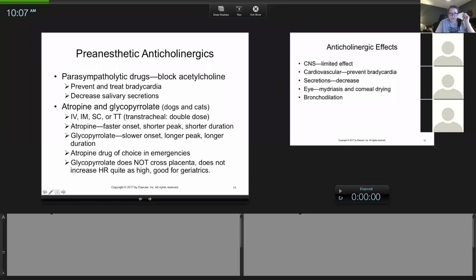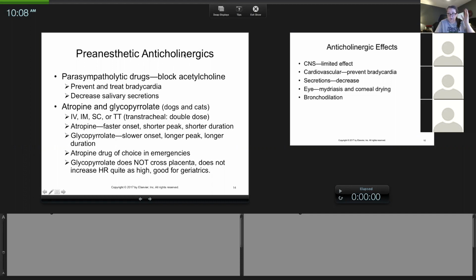Anticholinergics go against the parasympathetic system, and anesthesia puts the animal in a parasympathetic state. If you remember your neurology, when we talked about drugs and the sympathetic and parasympathetic system, things slow down in the parasympathetic system. So they block the action of acetylcholine.